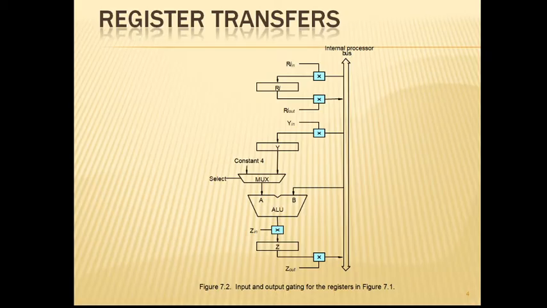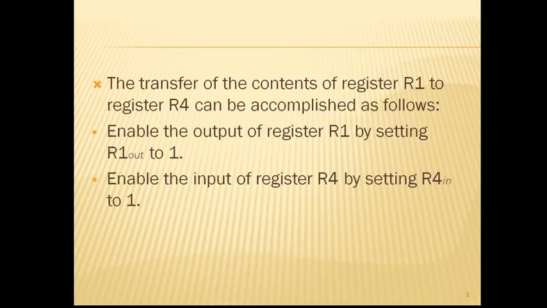Now let us see. Suppose that we wish to transfer the contents of register R1 to register R4. How can this be done? It can be done using the following steps. First, enable the output of register R1 by setting R1 out equal to 1. At this time we can place the contents of R1 on the processor bus.